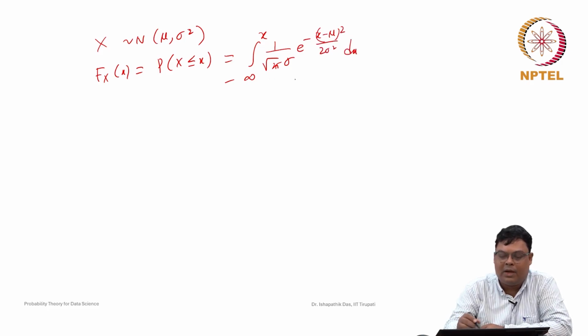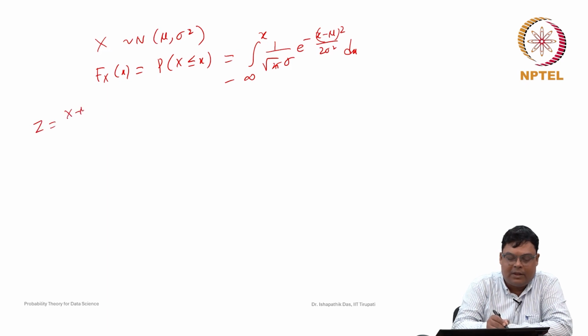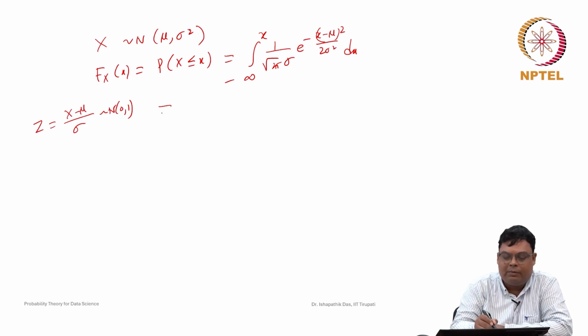You would have to do numerical integration, but we can use a transformation. Because Z equals X minus mu by sigma is normal 0, 1, this probability is equal to the probability that X minus mu by sigma is less than or equal to x minus mu by sigma, where small x is a real number.